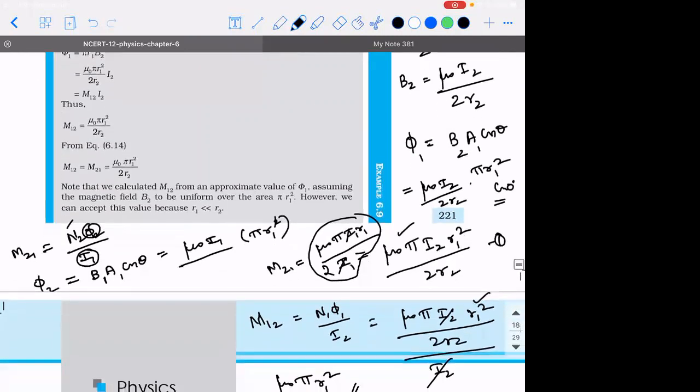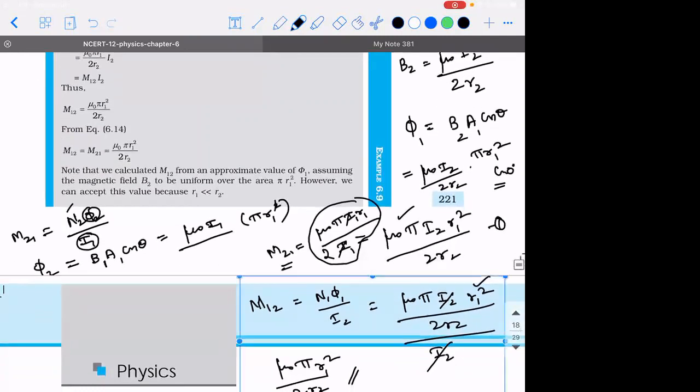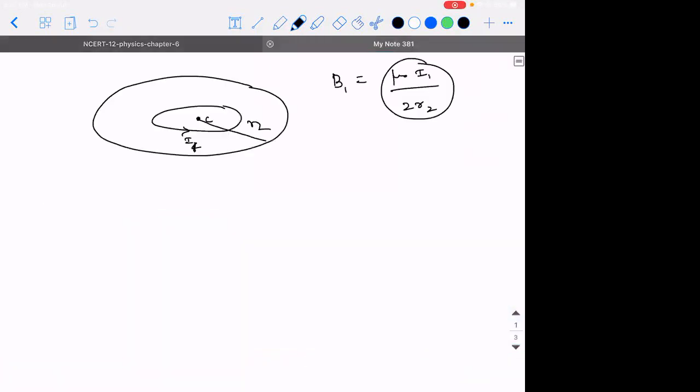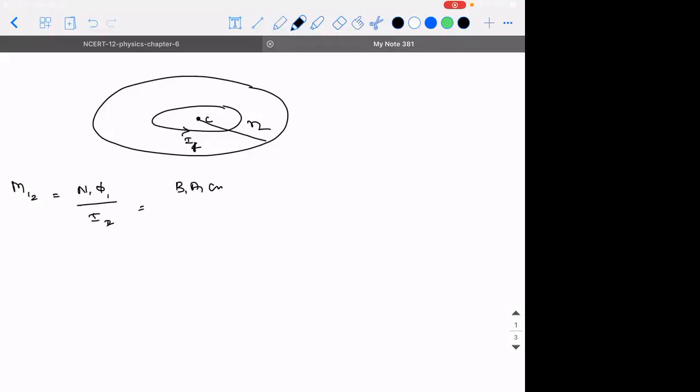But did you guys understand the logic? Did you make a note of what I did? I think there is a mistake there. M12 cannot be equal to M21 in this case. Just give me 2 minutes. I'll do it again. So what is M12? N1 phi 1 divided by I2, correct? N1 phi 1 is B1 A1 cos 0 degrees divided by I2.